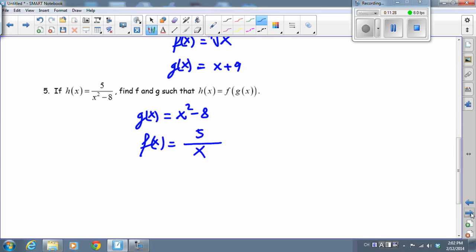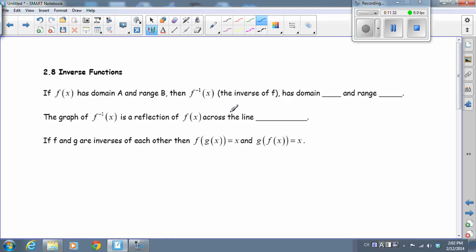Alright, let's keep going. This time we're getting to our 2.8 inverse function. For 2.8, it says if f of x has a domain A and range B, then the inverse function of f has domain B and A. The graph of the inverse function of x is a reflection of f of x across the y equals x line, not the y-axis.